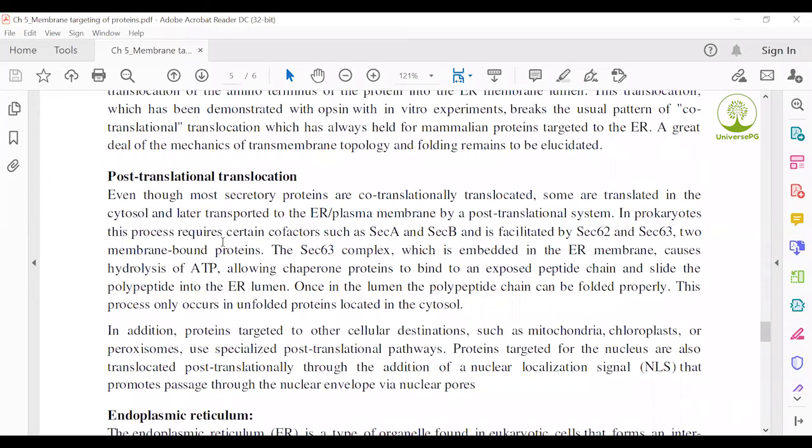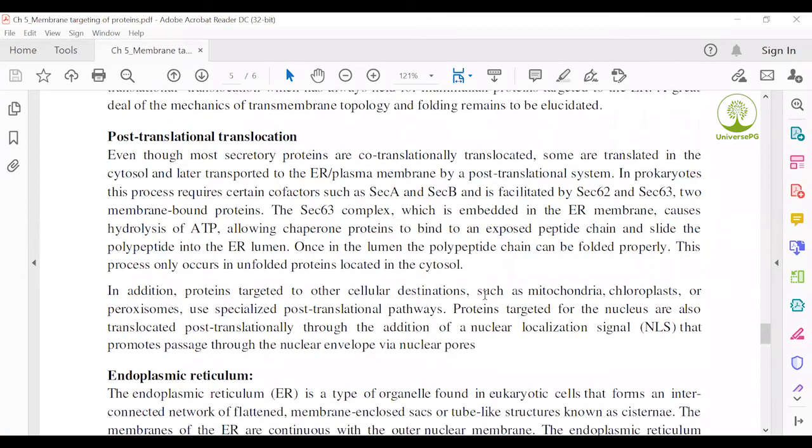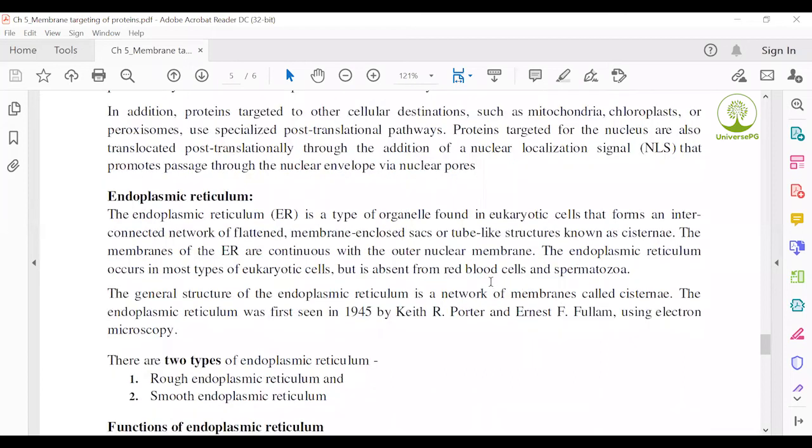In prokaryotes, this process requires certain cofactors such as SecA and SecB, and is facilitated by SecY, SecE, and Sec63 membrane-bound proteins. Some other proteins are also involved in the post-translational translocation process. I will also provide you a simple diagram of the process.